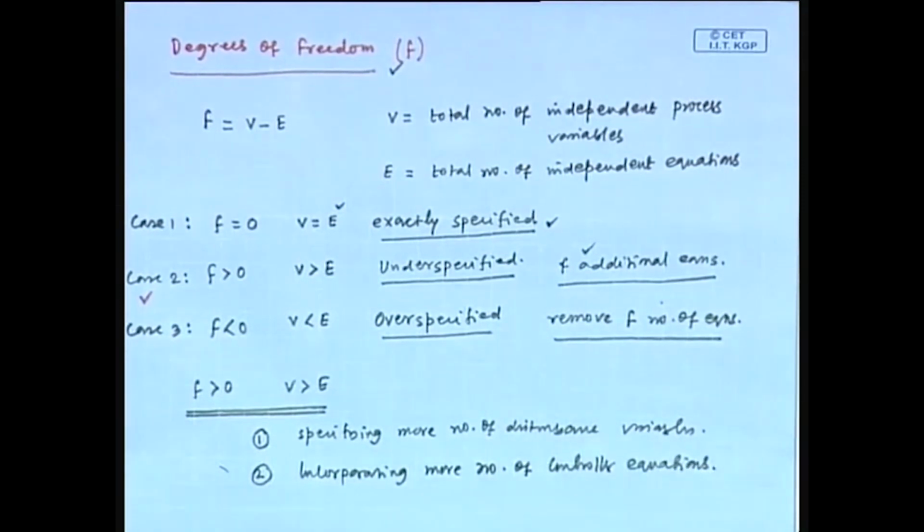Either we have to reduce the number of unknown variables, or we have to increase the number of equations to make F equals 0.